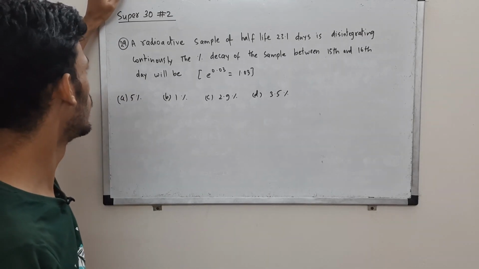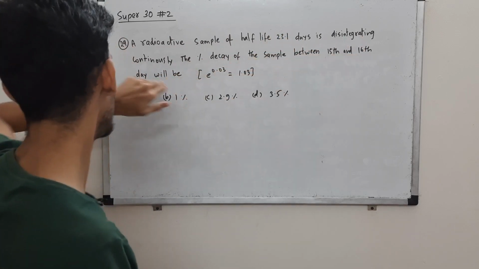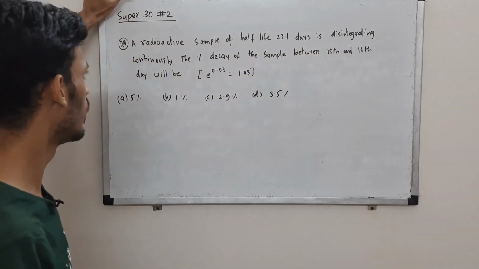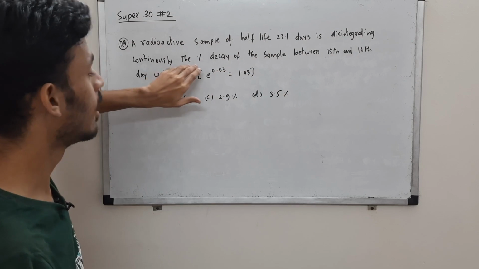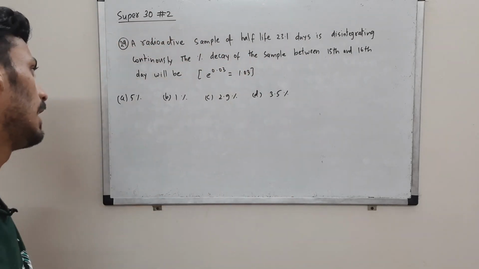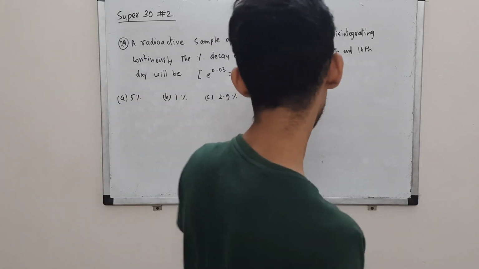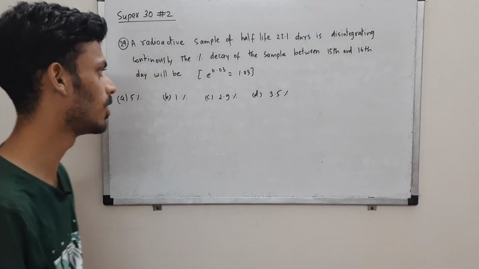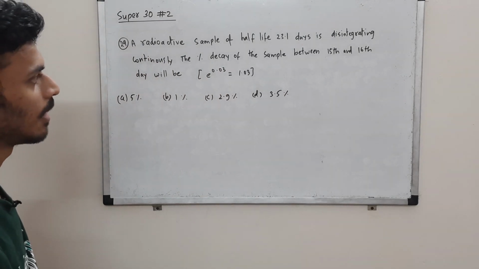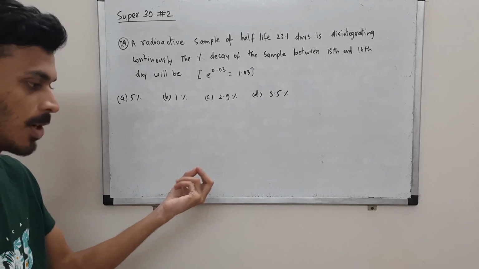Here a radioactive sample of half-life 23.1 days is disintegrating continuously. The percentage decay of the sample between the 15th and the 16th day will be, given e to the power 0.03 is 1.03. You are supposed to find the percentage change.